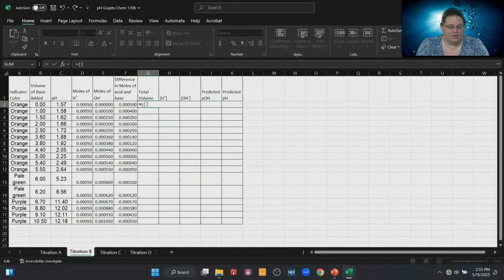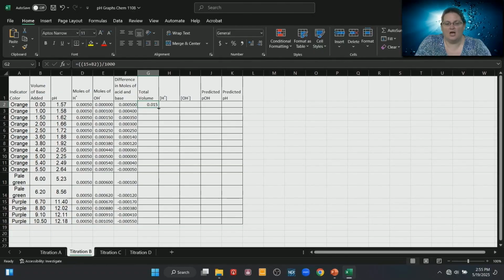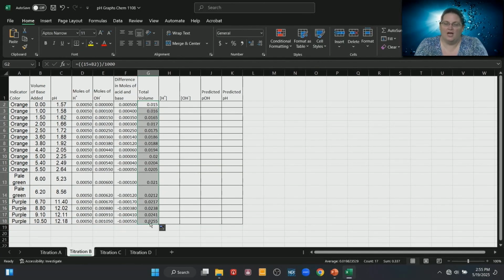Then we're going to tell it to take 15 plus our volume from column B. We're going to close the parentheses, close it again, and then we're going to divide it by 1,000. We're going to then select the top column and we're going to bring it down. And now we should have our total volume in liters.